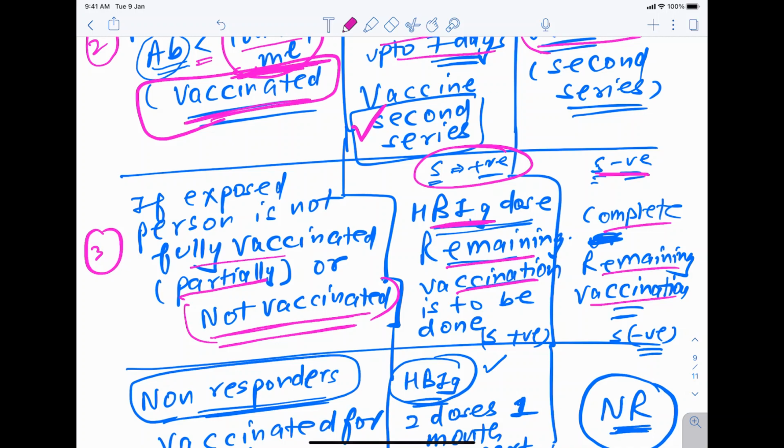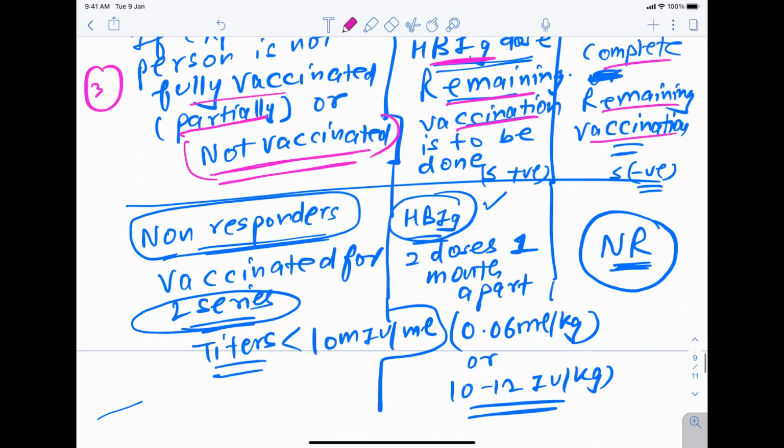Now talking about the non-responders: what are non-responders? Non-responders are those who have been vaccinated with 2 series, but still their titers are below 10 or zero. You have given them 6 doses, but their titers are still below this or 0.